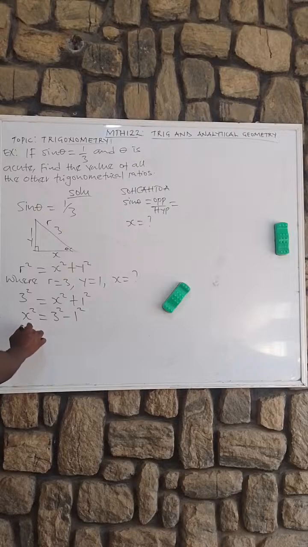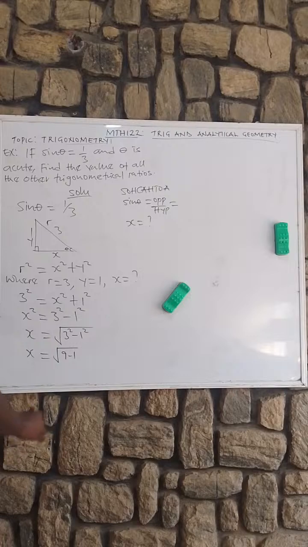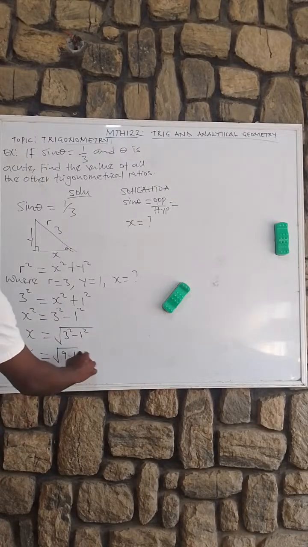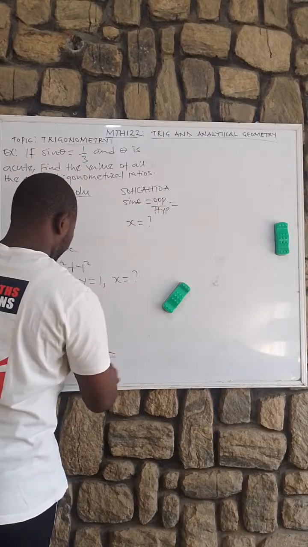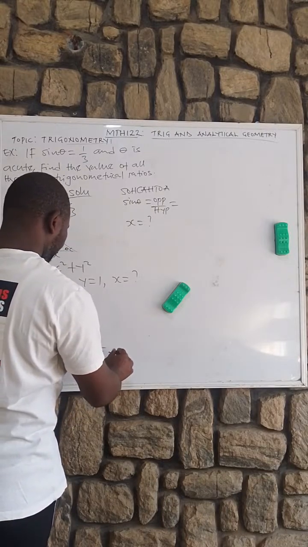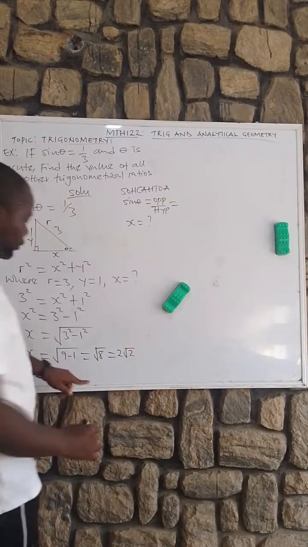So x squared is equal to 9 minus 1. Then x is equal to the square root of 8. Then this is the same thing as square root of 8 is 2 root 2. True or false?